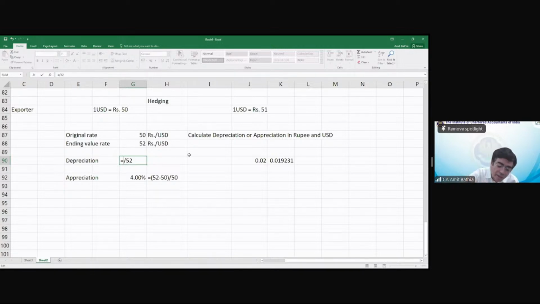Don't worry, I will simplify it further also. Amit ji, actually, if the student is not getting the same logic, no problem, because we normally use appreciation or depreciation. Normally, when we use forex, of course we use only the spot rate, like in your example, 52 minus 50 divided by 50.